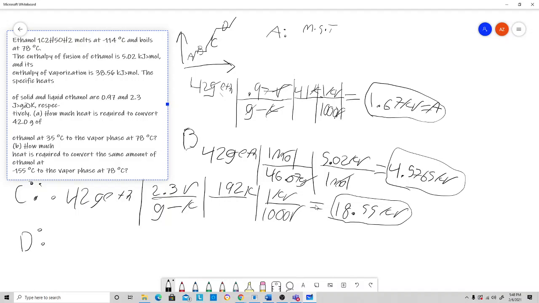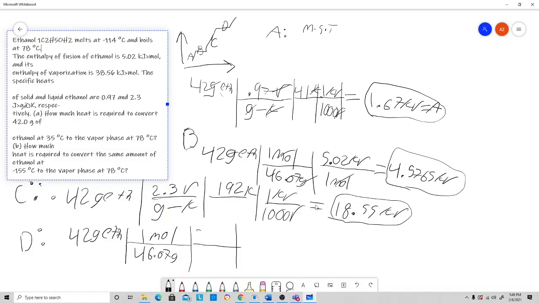So it's going to be 42 grams of ethanol, 1 mole is 46.07 grams, and the heat of evaporation would be 38.56 kilojoules per mole.